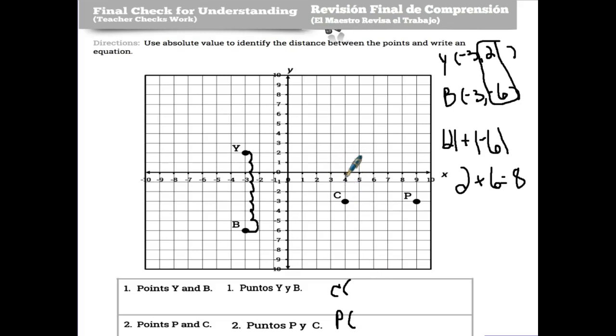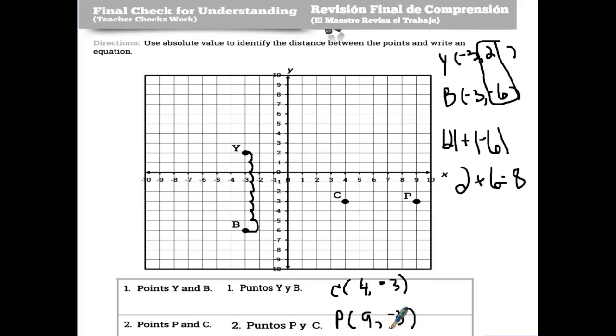So my x coordinate for C is 4. My y coordinate for C is -3. My x coordinate for P is 9. My y coordinate for P is -3.